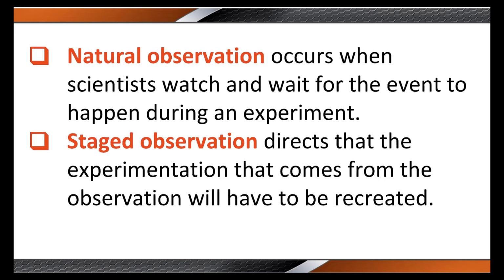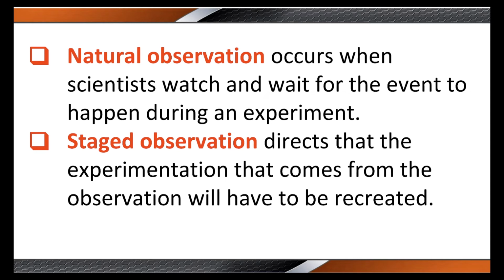Sir Isaac Newton theorized that there was a force called gravity. After he watched an apple fall from a tree, this would be an example of natural observation. Newton saw something happen in nature, and without any intervention on his part or anyone else's, the apple fell.